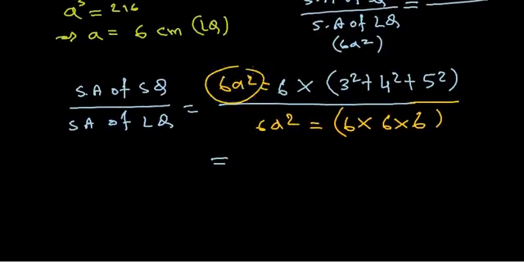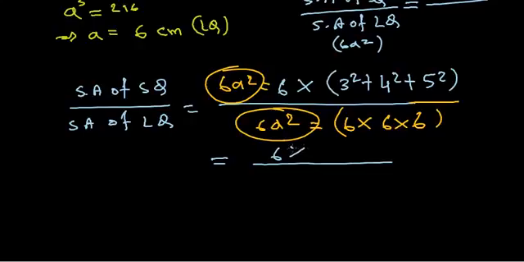These things are not true, just write it for understanding's sake. So now let's do it. So 6 into 9 plus 16 plus 25, and here we are having 216, right?